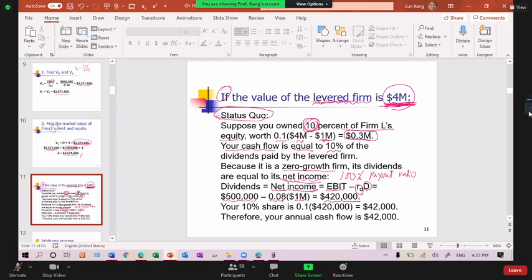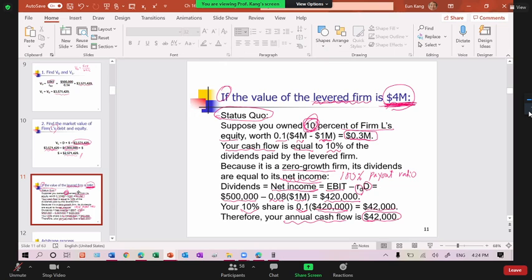That is the dividend. Your 10% share of that 420,000 is yours because you are a 10% owner, so currently your annual cash flow is 42,000. That is the status quo.